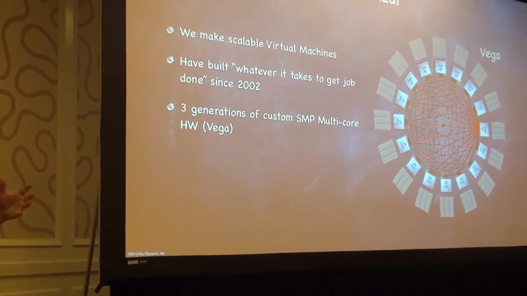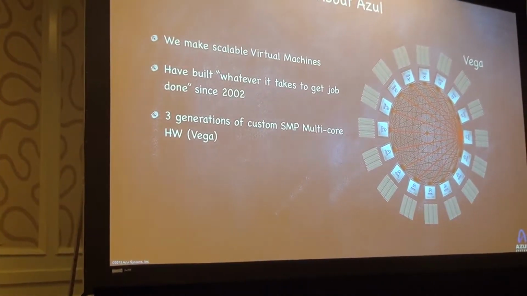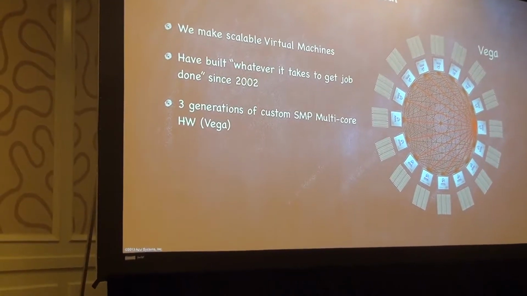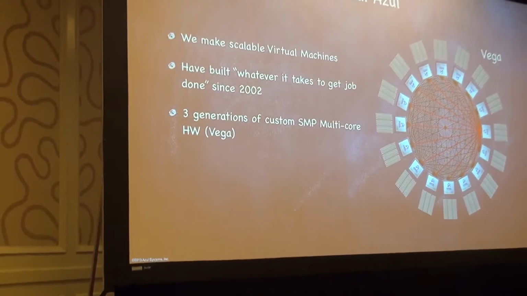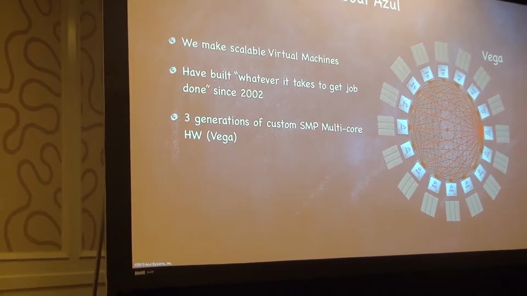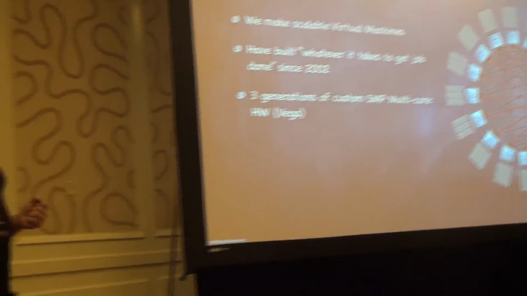But we don't do this anymore, or at least we don't design these anymore. We still sell them to people who buy them. But all of our design is no longer focused on hardware. About 5 years ago, we looked at the commodity x86 roadmap and said it's getting good enough. We don't have to make our own hardware anymore. We can now do in pure software on commodity hardware what we used to need this kind of thing for.